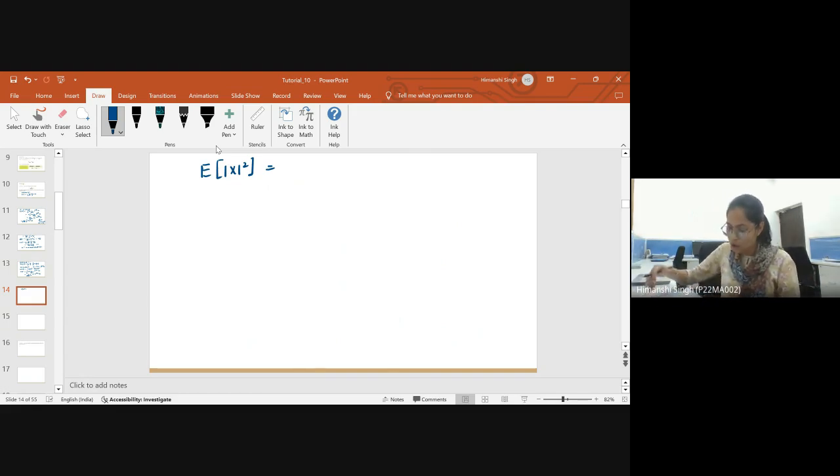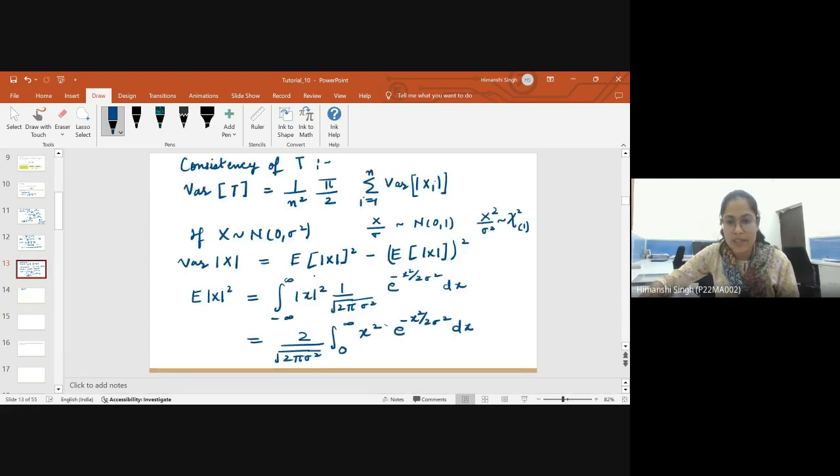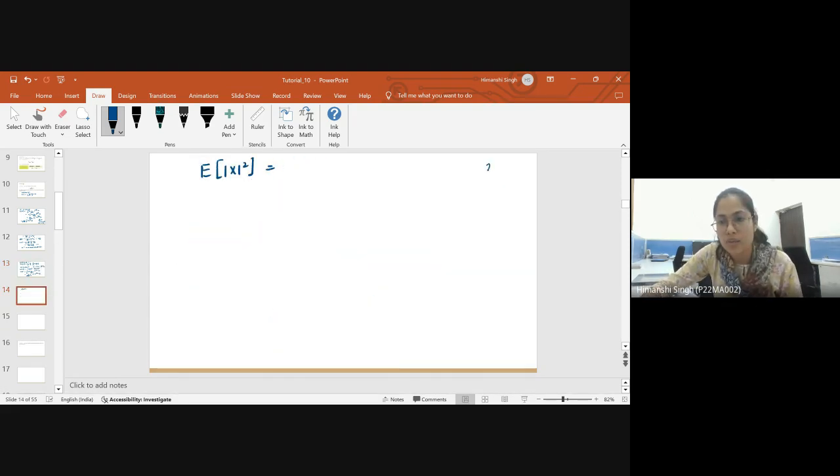I can also write that it will be of the form, by taking x square by 2 sigma square as t. So this will be of the form integral 0 to infinity, t to the power 3 by 2 minus 1 and e to the power minus t dt.